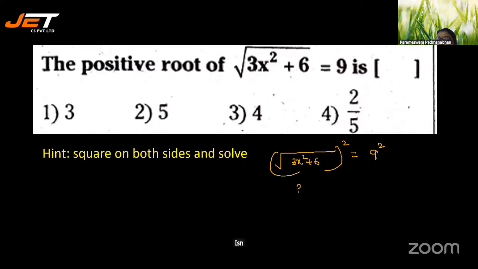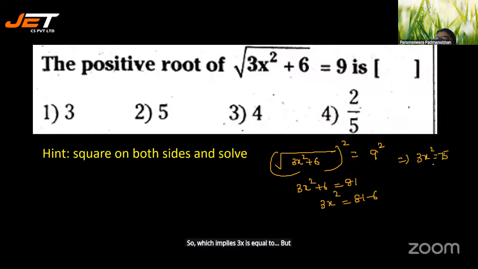So we get 3x square plus 6 is equal to 9 9s are 81. So 3x square is equal to 81 minus 6. So which implies 3x square is equal to 75. So x square is equal to 75 by 3.